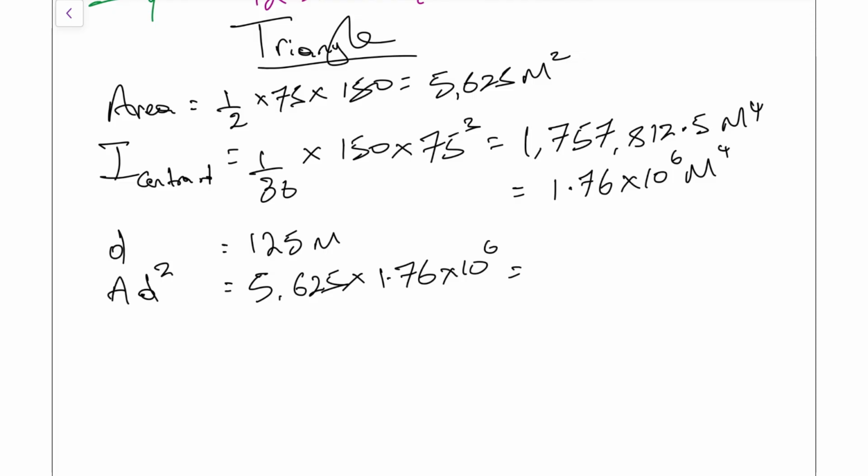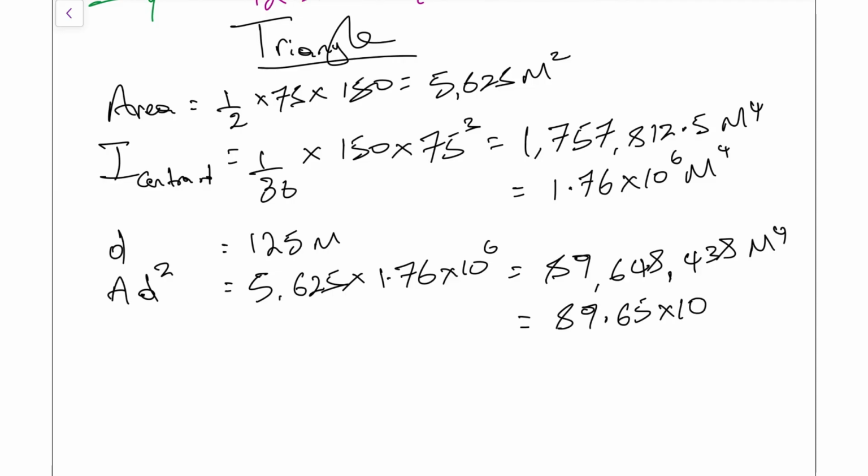And if I put in the exact value, then what we end up with is 89,648,438 meters to the fourth. And I'm going to just rewrite that as 89.65 times 10 to the power of 6. And that's meters to the fourth.